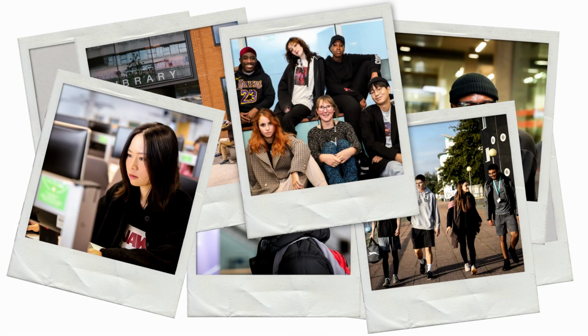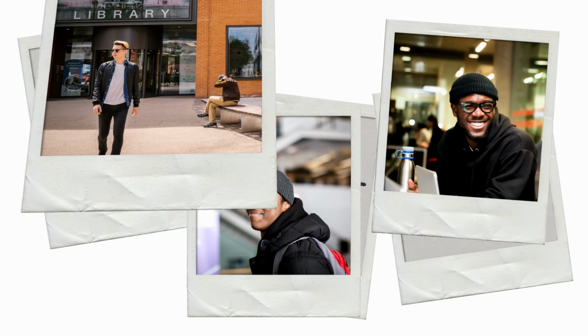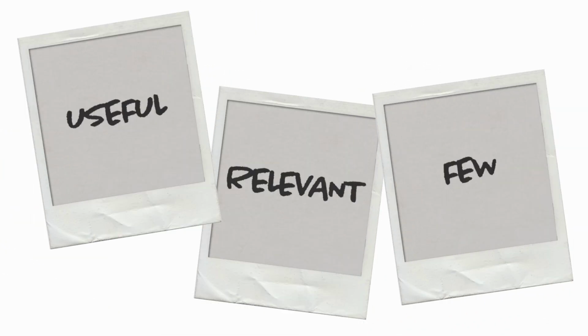There is a lot more we could say about this, but if you'll allow me to oversimplify things for the sake of concision, if we're going to use pictures in our course materials, they need to be few, relevant, and useful, which makes the job of finding the right picture all the more important.